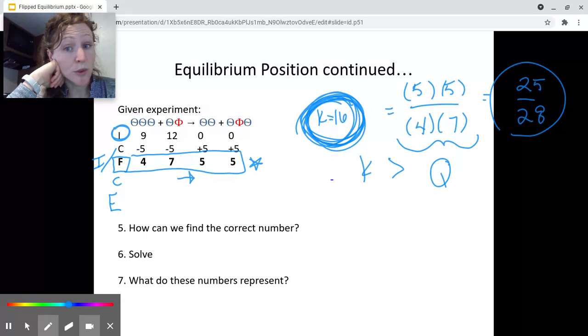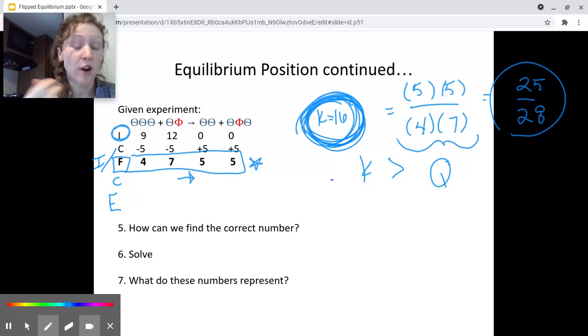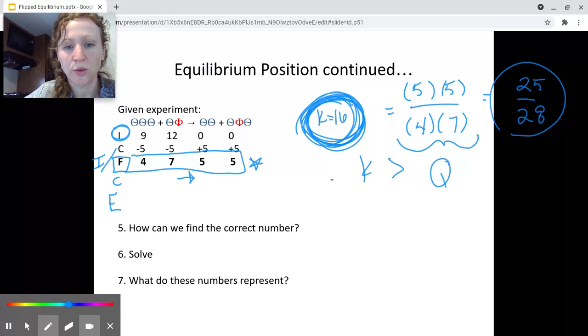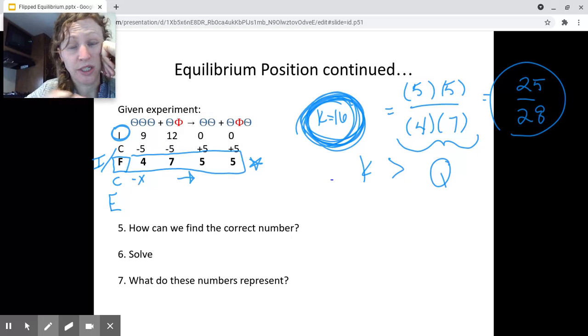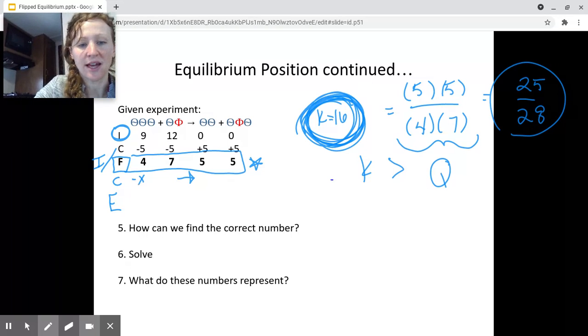So we're going to go through a couple different ways that you can solve this problem. For now, one of the ways you could do this is by using X as your change. So for example, we don't know what the change is going to be, but we do know it's going to use reactants, right? So we're going to use a negative X on this side.